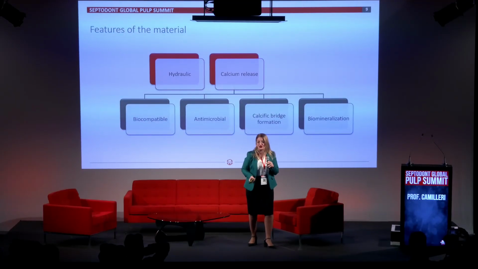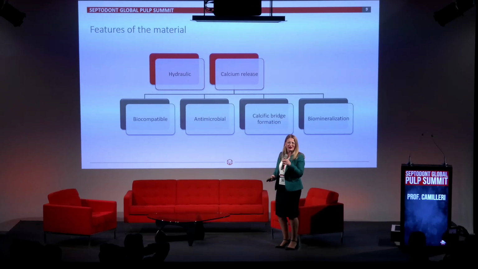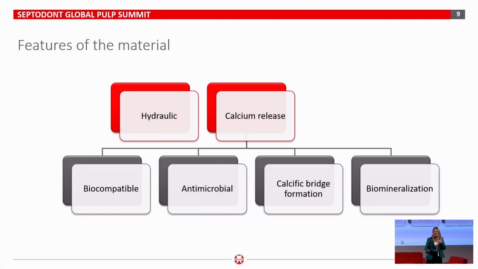So if you look at the features of this material, you will see that it is hydraulic. And this word hydraulic is abused. Everybody invents something with hydraulic. Hydraulic, for anybody who knows any languages, means water. It doesn't mean hydraulic pressure. There's no hydraulic condensation. It means that we need to add water to the material, very strategically, and the material interacts with water in the environment.